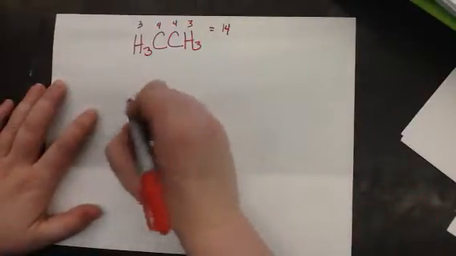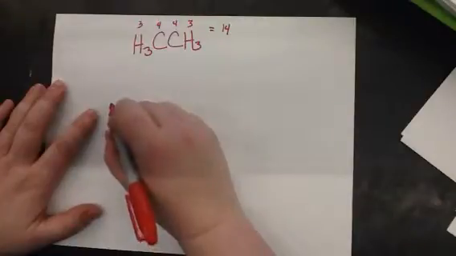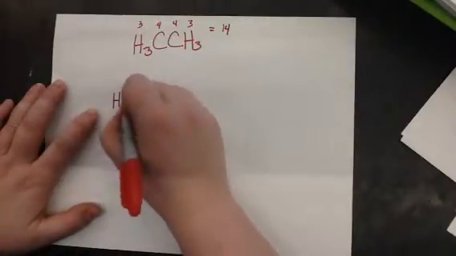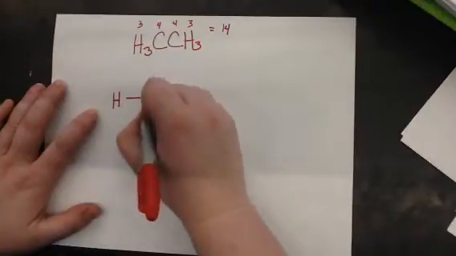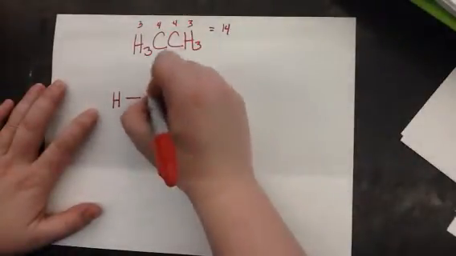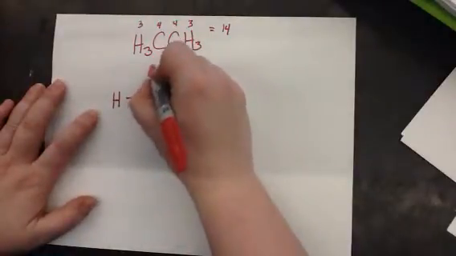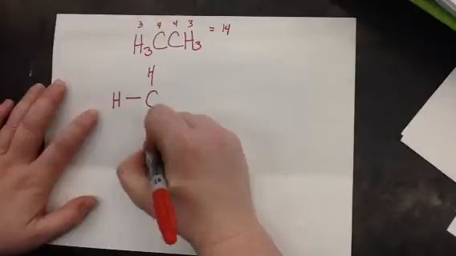Now we're going to draw the skeletal structure. What we need to remember is that hydrogen can only form 1 bond. So that means hydrogens have to be on the end of a molecule. So those hydrogens can't be connected to the other hydrogen, so they have to be connected to the carbon.